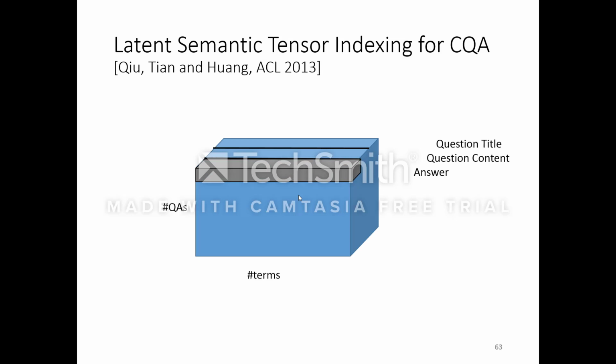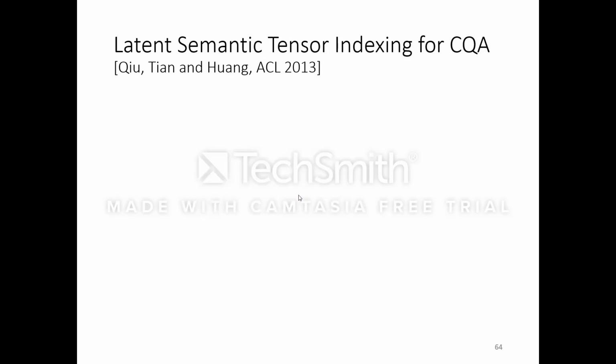Each horizontal fiber in this tensor is essentially a TF-IDF vector of one of the parts of one of the QAs. So you choose the QA, you choose the part, and then you get a fiber which has as much length as the number of terms in the vocabulary of the data set. So each horizontal fiber is a TF-IDF vector or any other suitable representation of one of the parts of one of the QAs. Okay, let's move on.